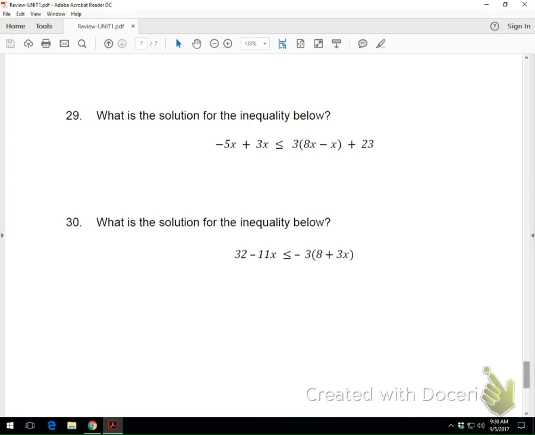Now, when you take your test tomorrow, if you turn this review in completed and correct, you get extra points on your test. It's a win-win situation, right? Okay? If you don't turn it in, you just don't get the extra points.